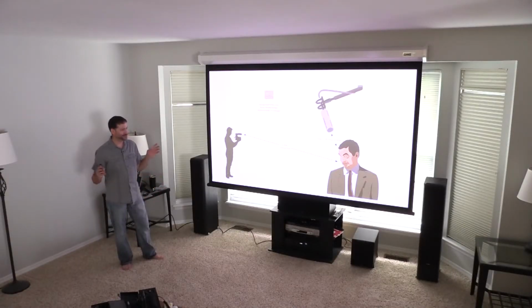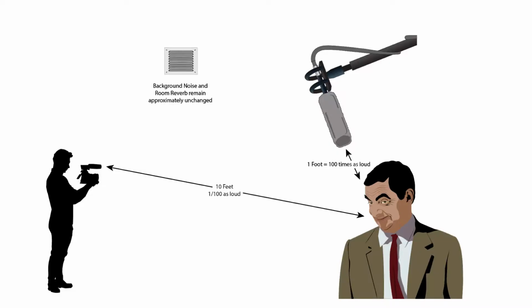So we're going to come back to our inverse square law. We've got this microphone a foot away from his mouth, and that's where you want it, by the way. You want it pointed at his mouth. Versus an on-camera microphone, if he's 10 feet away, which a lot of times he's even farther than that, if he's 10 times as far away, that means it's 1/100th as loud.